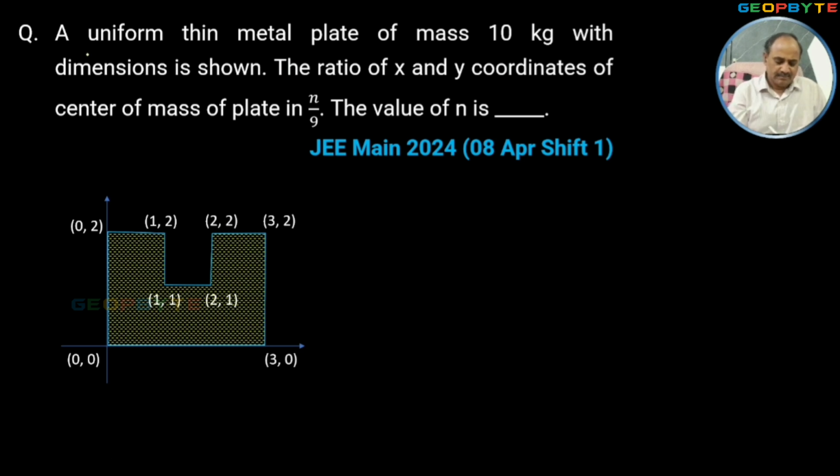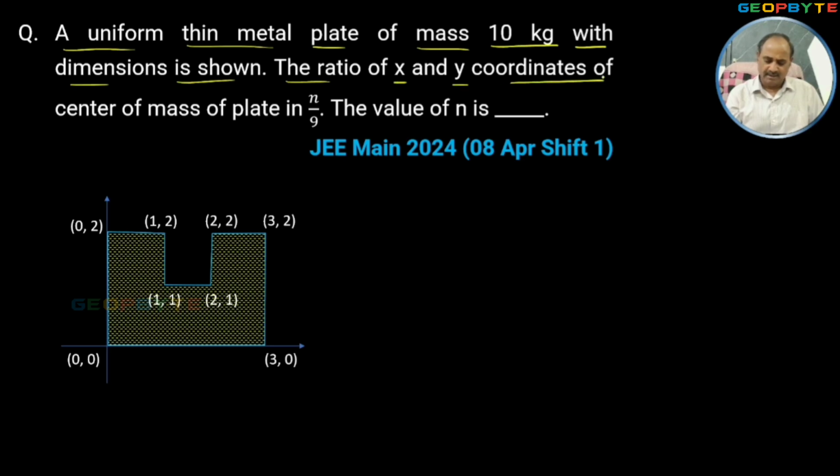It is asking like this. A uniform thin metal plate of mass 10 kg with dimensions shown in figure. The ratio of x and y coordinates of center of mass of the plate is n by 9. The value of n is, as you know, mass of the plate equal to density multiplied by volume.